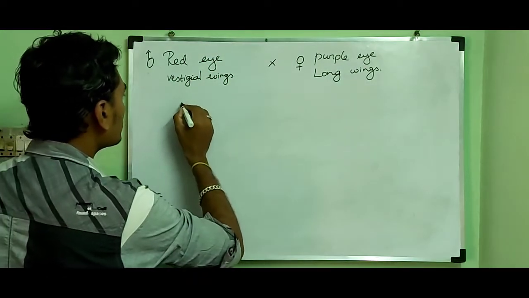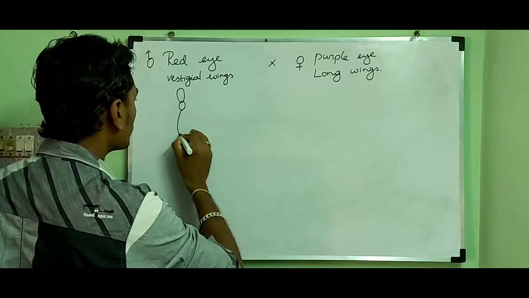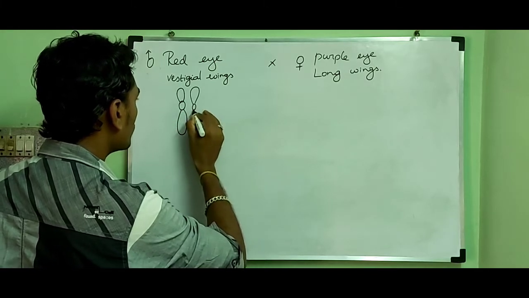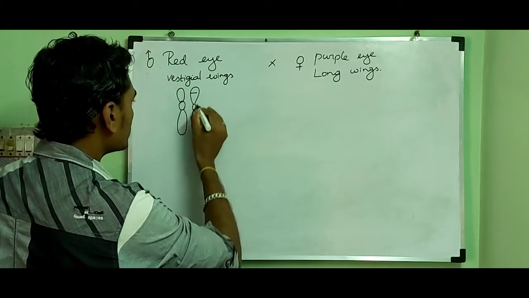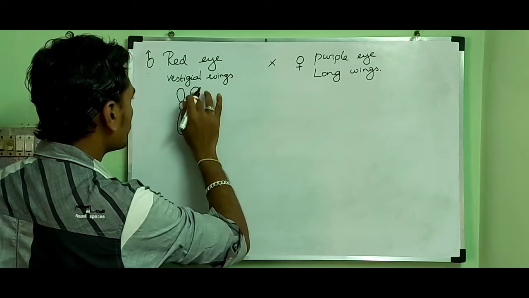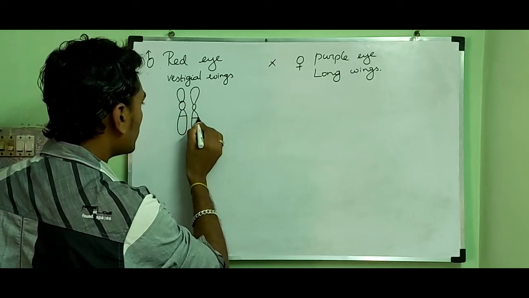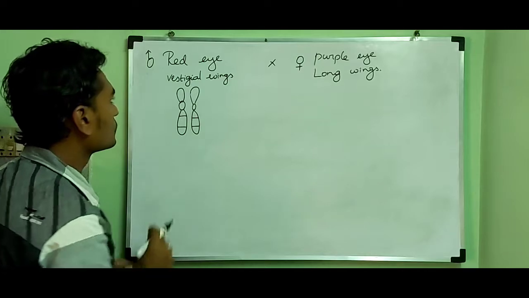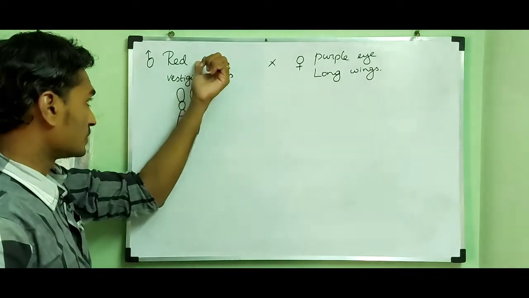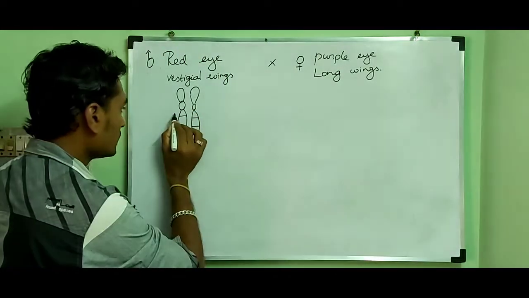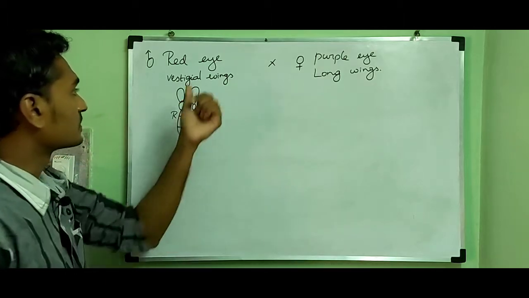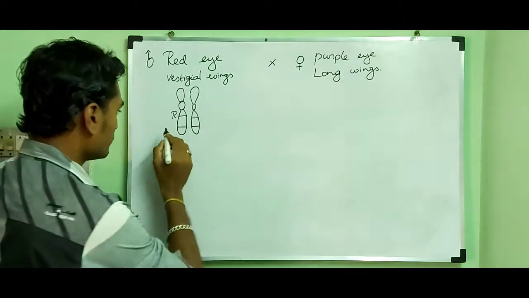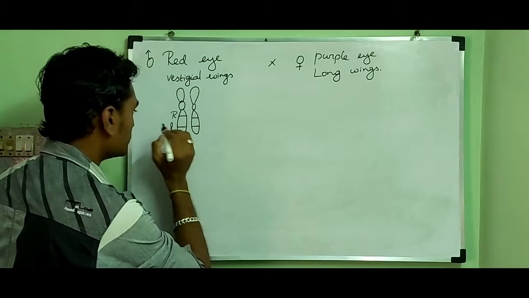It has a pair of homologous chromosomes containing two alleles: one is the dominant allele, capital R, and the recessive allele, small l.